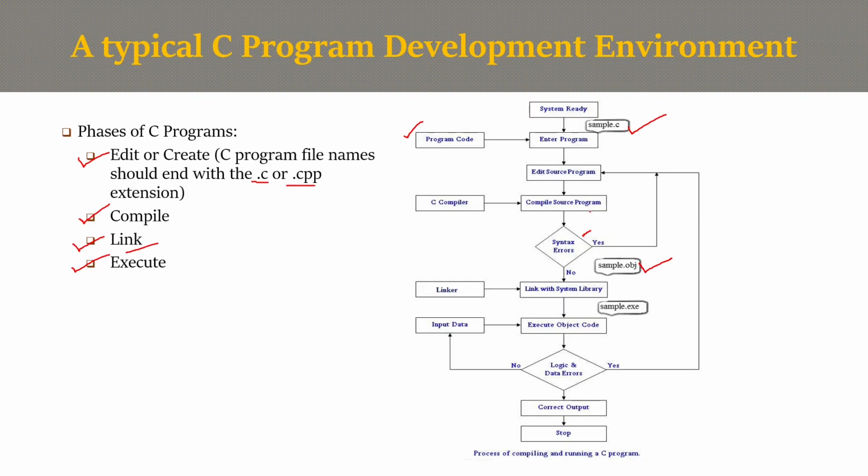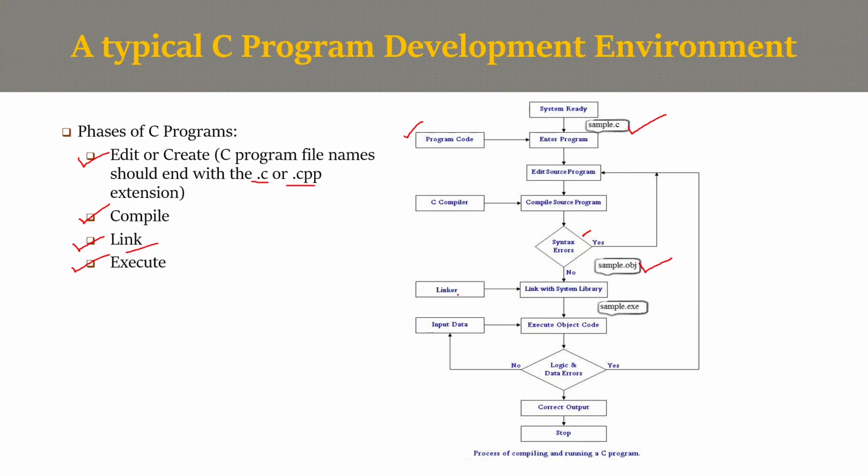Then after compilation, this program source code is converted to object code, sample.obj. This is basically a machine readable language. That is why we use the compiler, in order to convert the source program to a machine readable language, which has the extension .o or .obj.